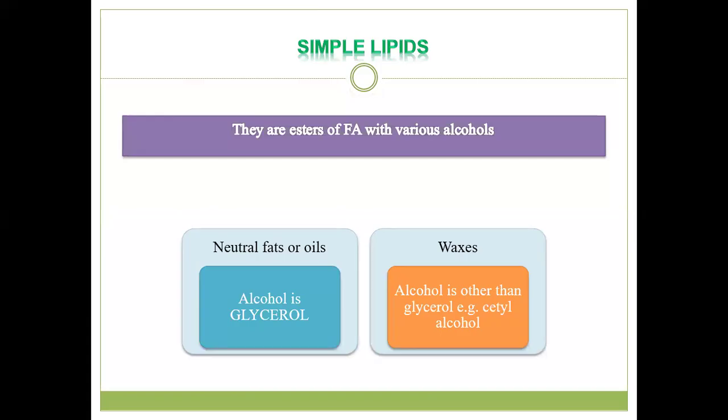Simple lipids are esters of fatty acids and various alcohols. They are classified into two: fats and oils, and waxes. Fat and oil is an ester of fatty acid and glycerol.